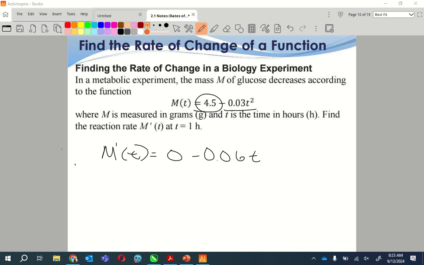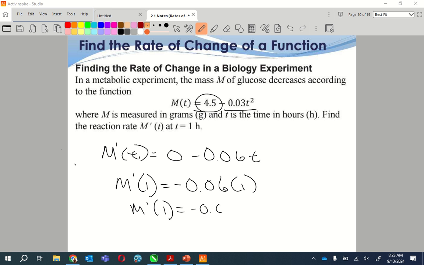Now, I have my derivative. Now I want to try and figure out what it is at 1 hour. So t is going to be equal to 1. So m prime of 1 is equal to negative 0.06 times 1. So m prime of 1 is negative 0.06.